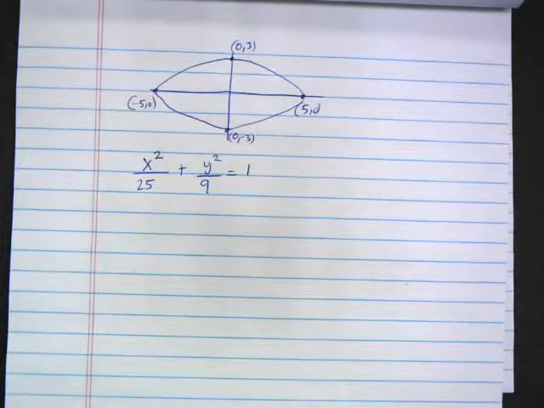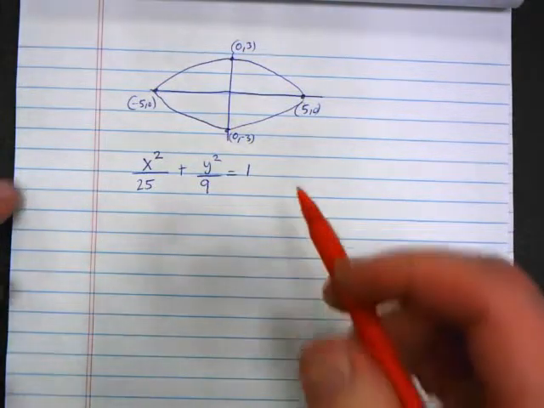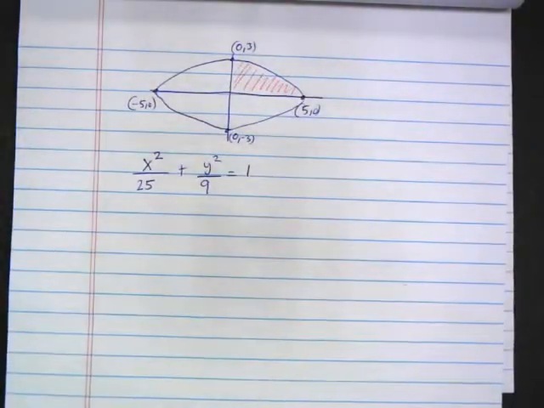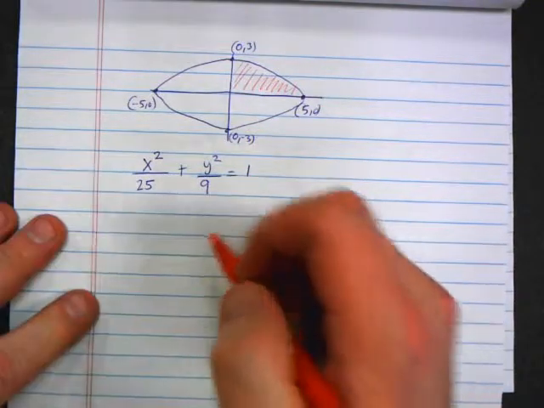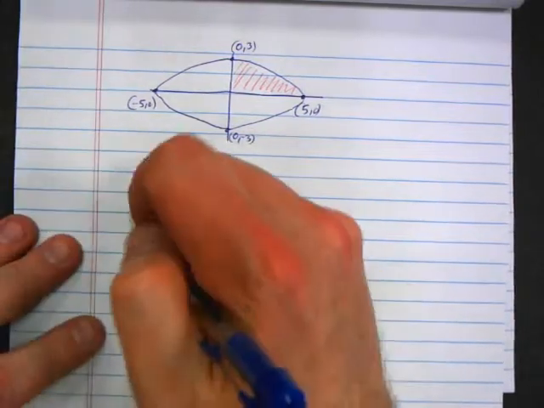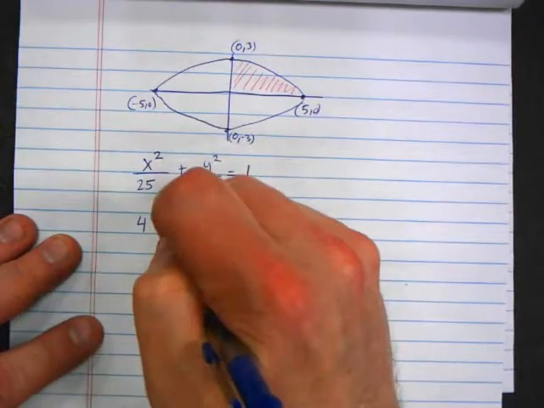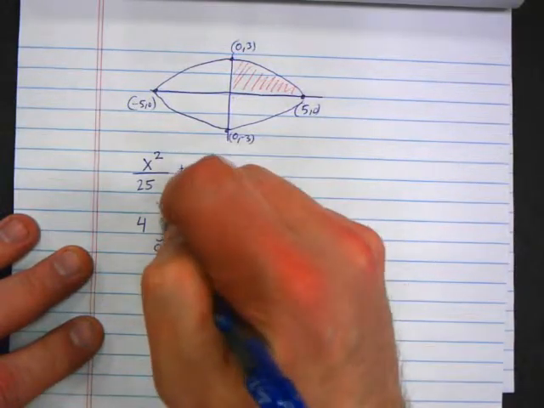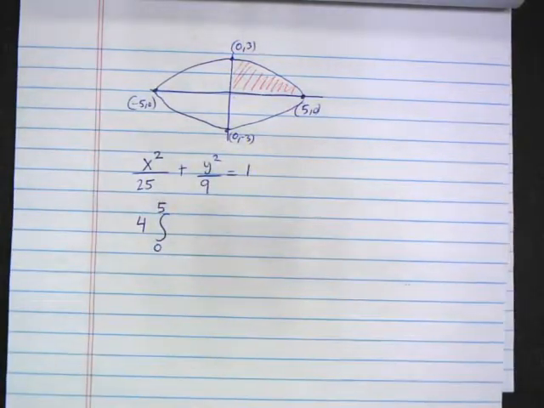Back to Calc 1. You integrate it. But I think I'm going to be clever, somewhat clever anyway. I'm just going to find the area in the first quadrant, and then I'll take my whole answer and multiply it by 4. So I'm going to have 4 times the integral. x would go from 0 to 5 of what?